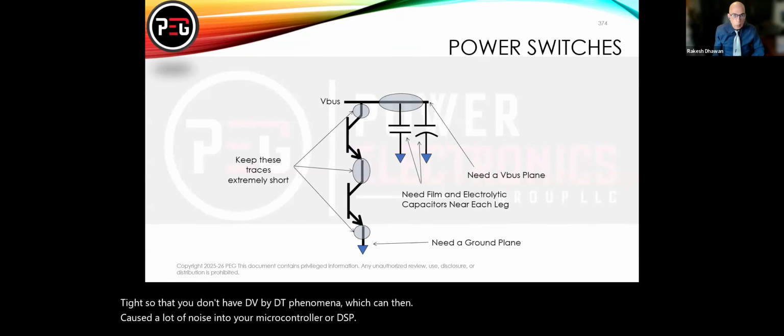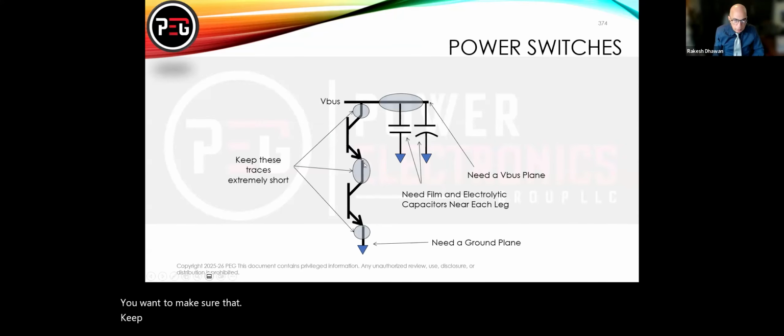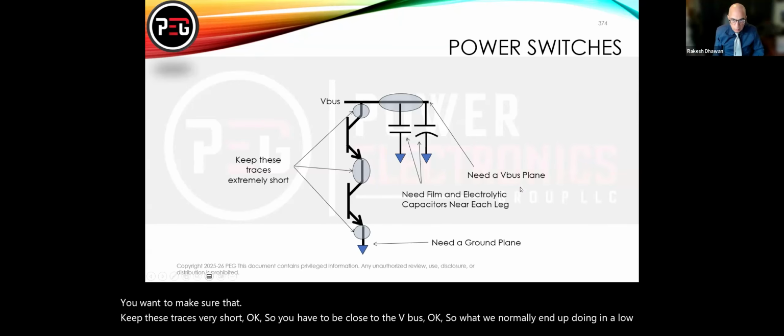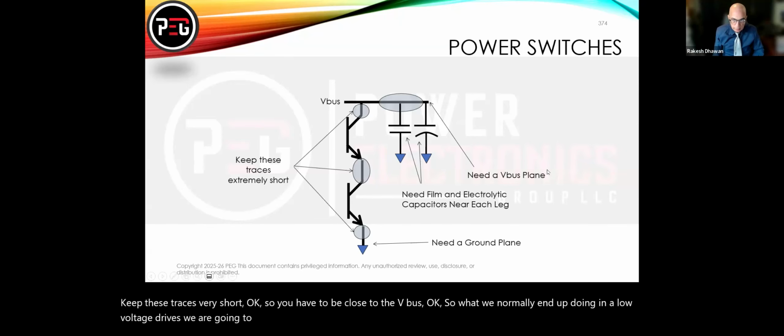Also, you want to keep these traces very short, okay? So you have to be close to the V bus. What we normally do in low voltage drives is have a V bus plane, a whole plane on the PCB called the V bus plane.